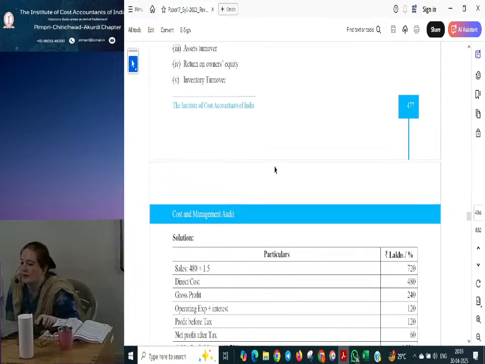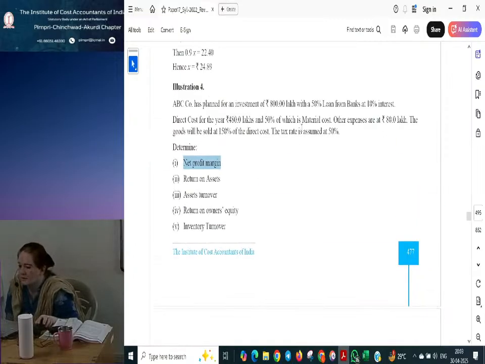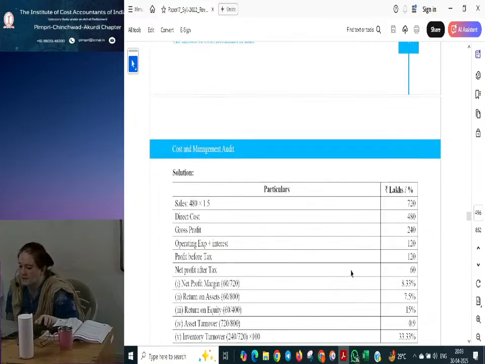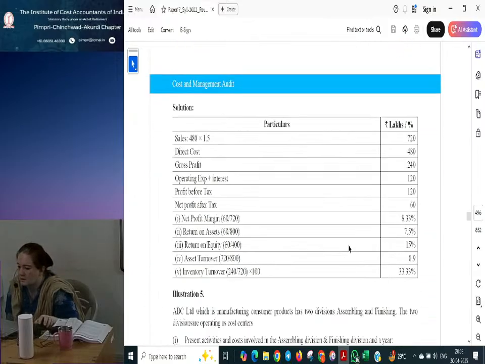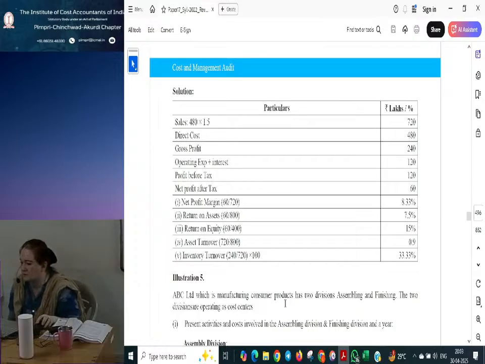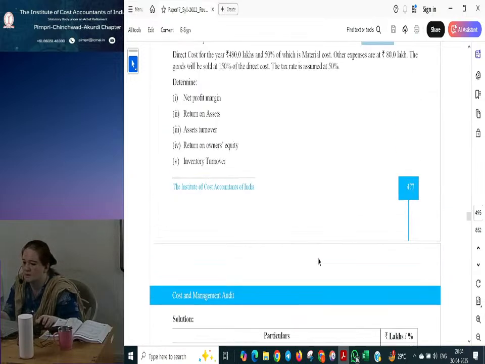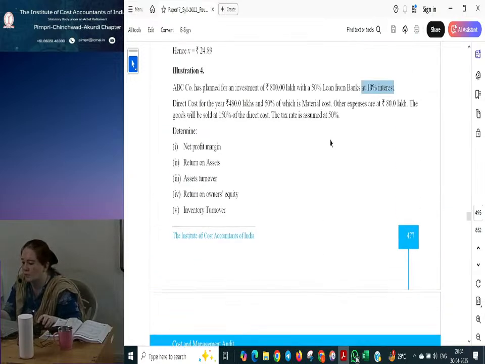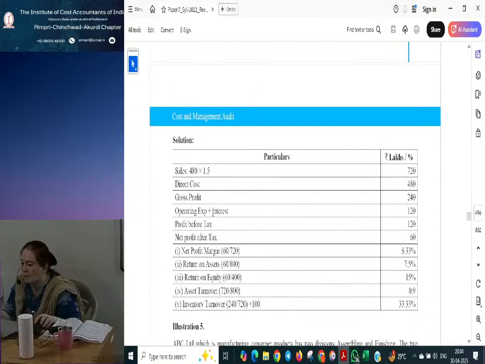What is the interest that they are talking about? 10% interest on 400 lakhs, so that is 40. 40 plus 80 lakhs of operating expenses, that is 120.